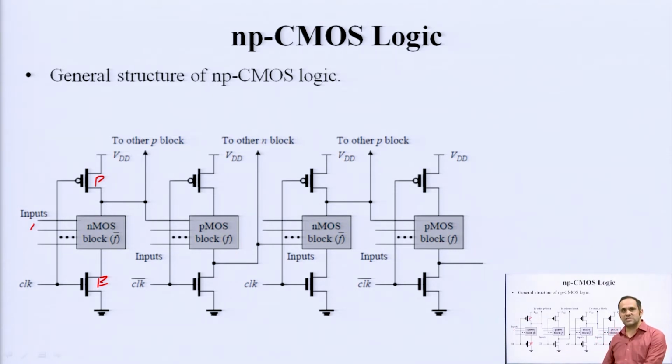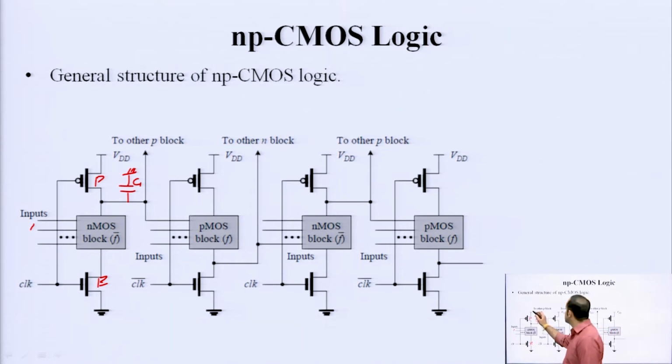How do you connect this circuit further? The output here, let us call it C1, the load capacitor C1, is the output of your stage number 1. This output is connected to one of the inputs of the PMOS block in the second stage. So, this is stage number 1, this is stage number 2.